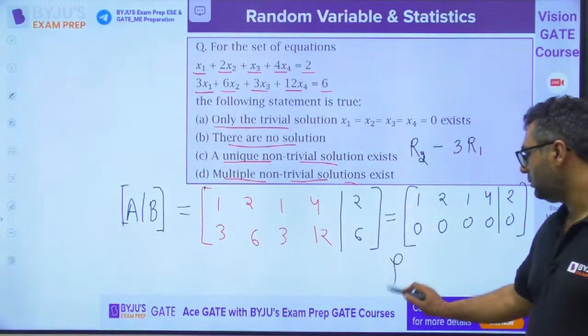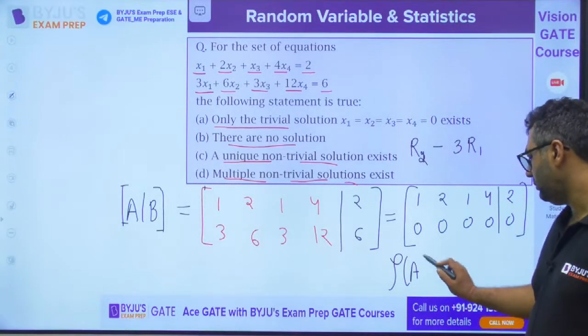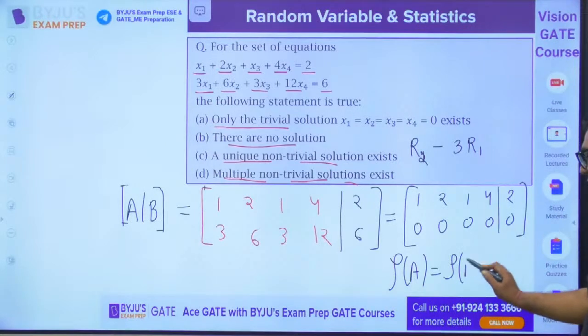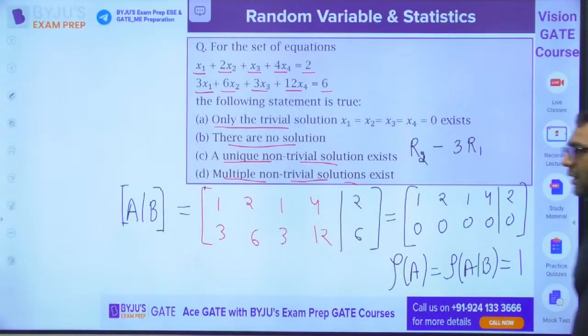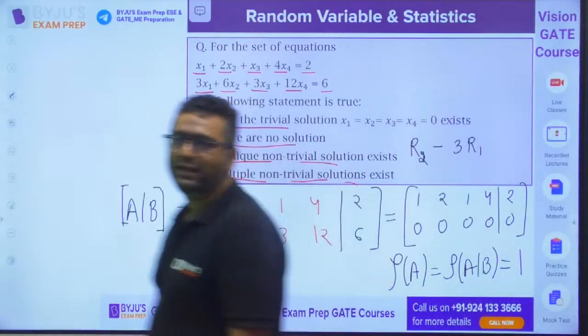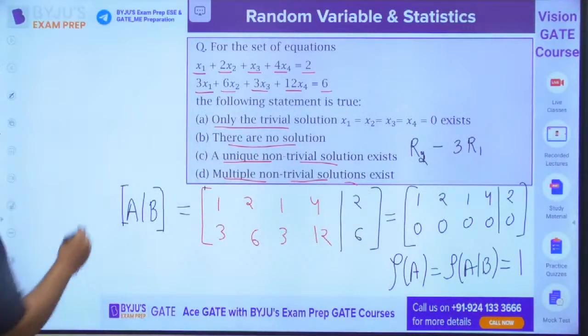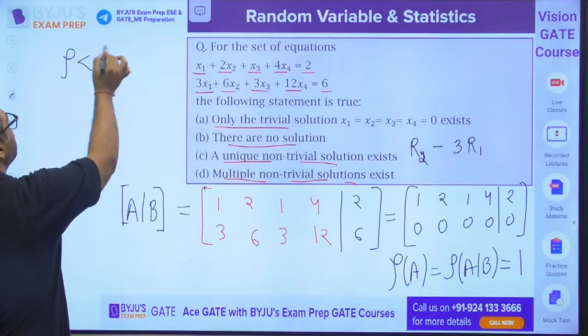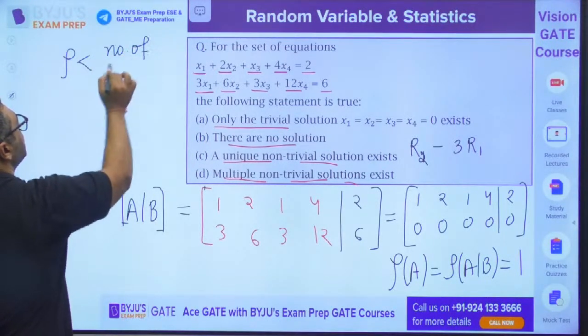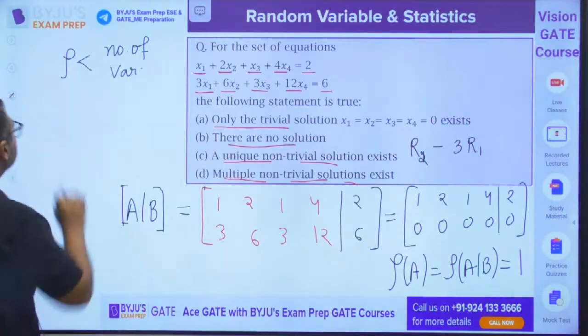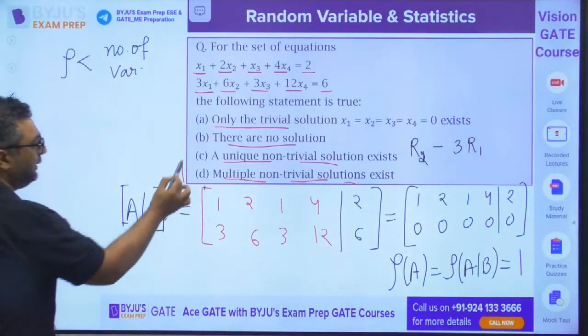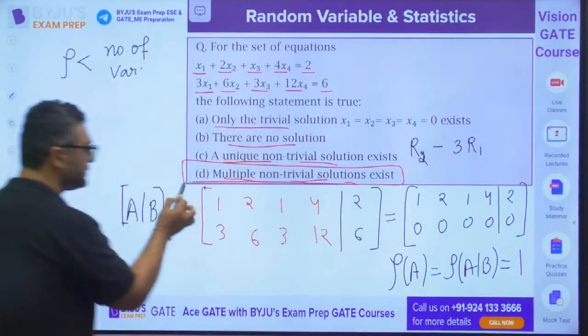The rank of A is equal to the rank of A augmented B, which is coming out to be 1, less than the number of variables. So, Papa Ka Ghoda, for this case multiple non-trivial solutions exist.